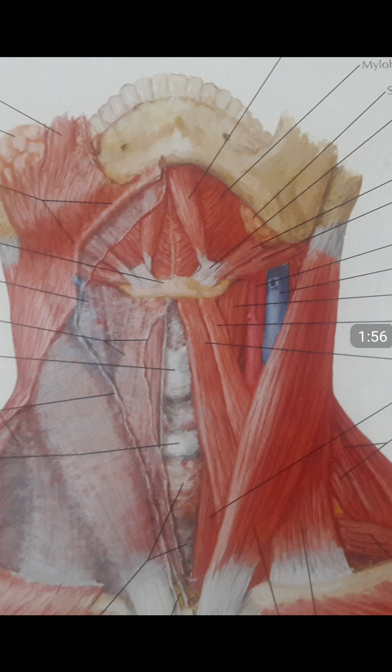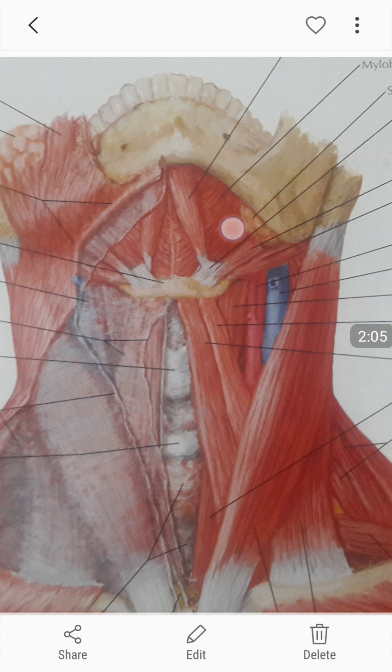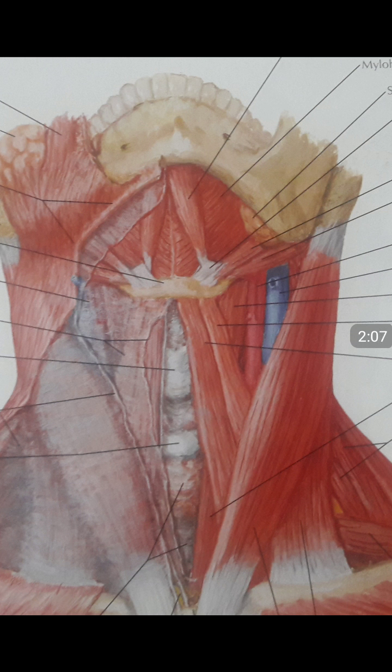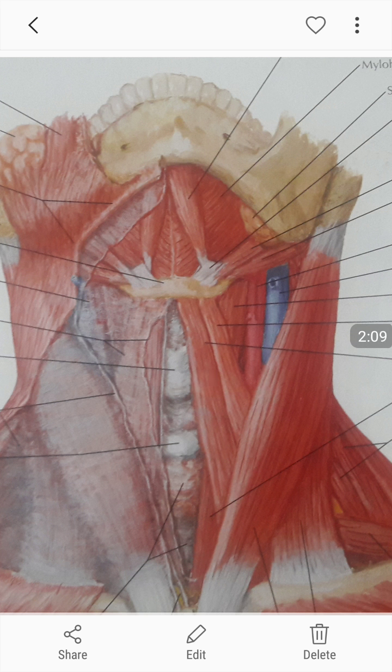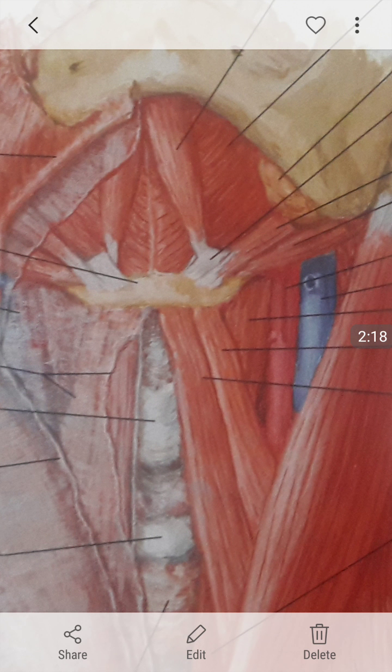Now this anterior triangle is further divided into certain triangles: the submental triangle, then the digastric or submandibular triangle, then the carotid triangle, then the muscular triangle. Here you can see the small triangular portion of the submental triangle.